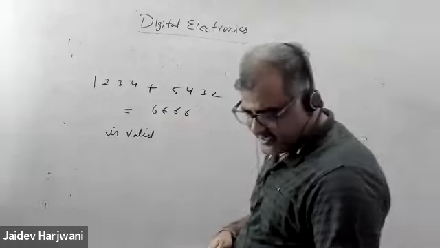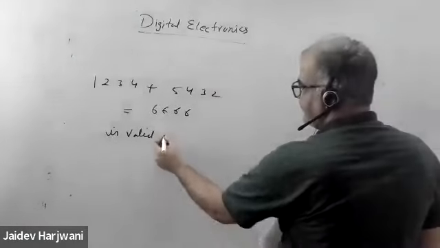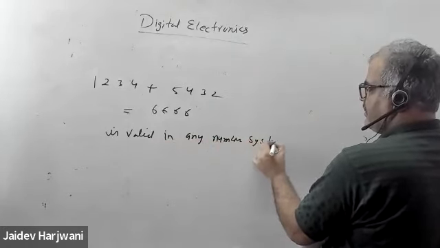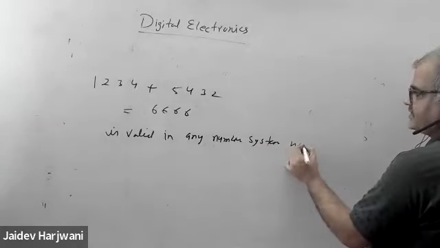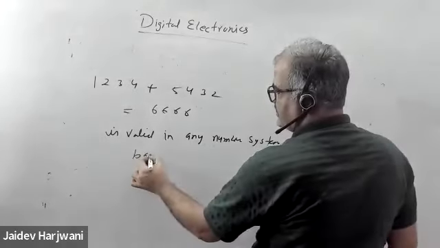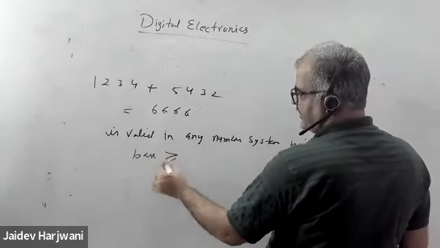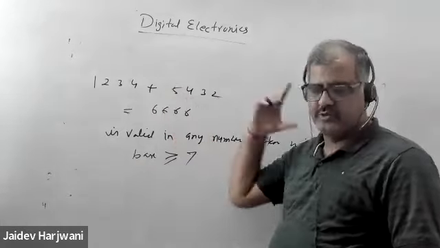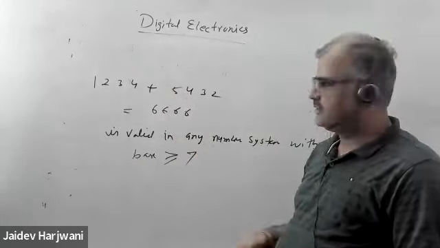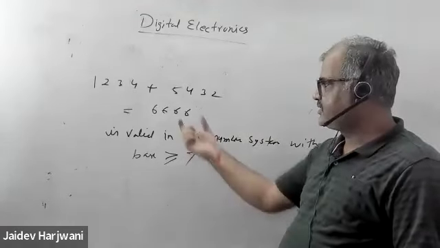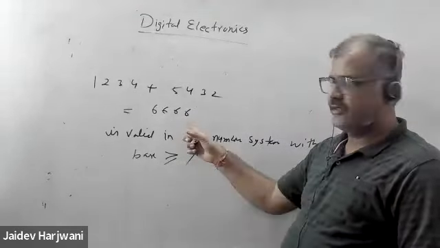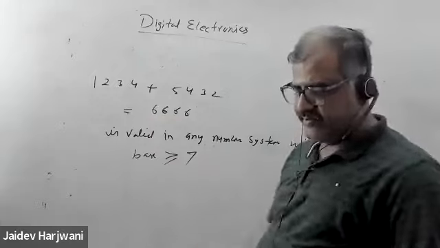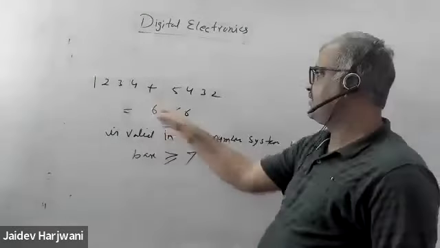So this number is valid in any number system with base equal to or greater than 7. This sum is true in decimal also. This is true in octal also. This is true in base 7 also. Hexadecimal also it might be true. Any number system with a base greater than 7, this sum is true.